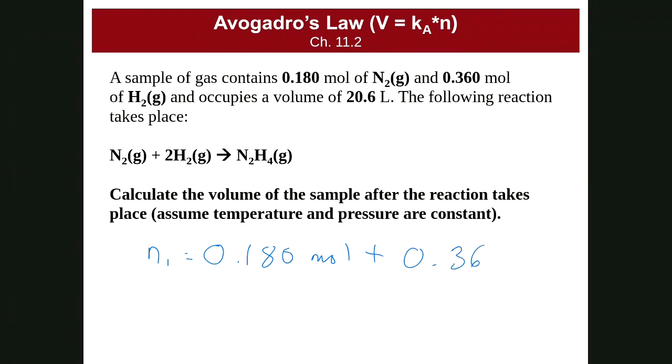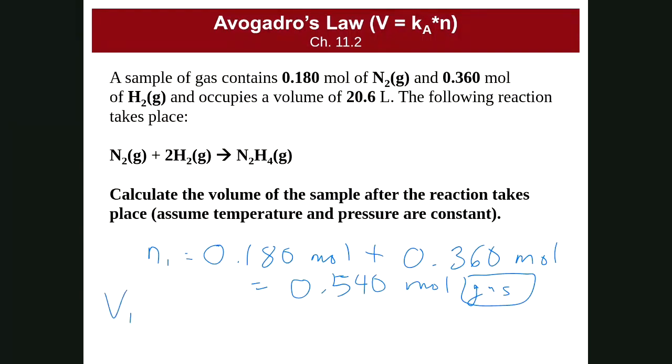So in total, N1 is 0.540 moles of gas. Doesn't matter what the gas is, we're just going to add them all up. And this gas occupies a volume of 20.6 liters. So V1 is 20.6 liters.